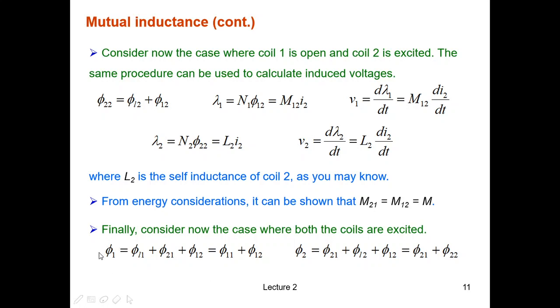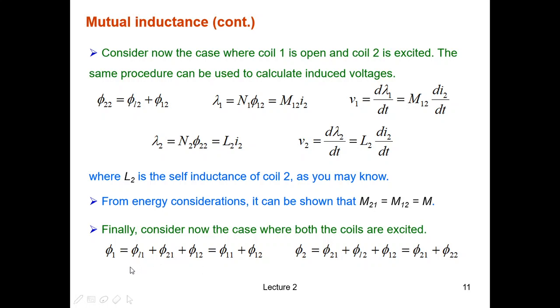For example, if you look at coil 1, the total flux will be the flux through coil 1 created by coil 1, the flux in coil 2 created by coil 1, and the flux in coil 1 created by coil 2.